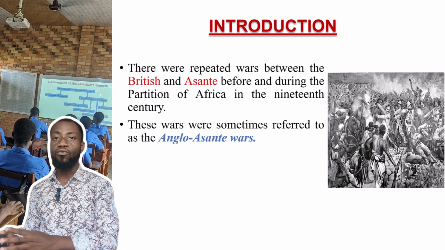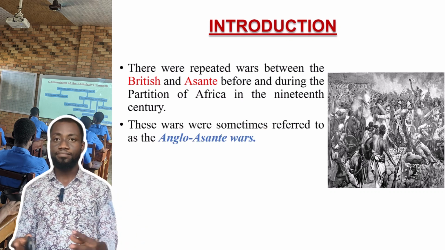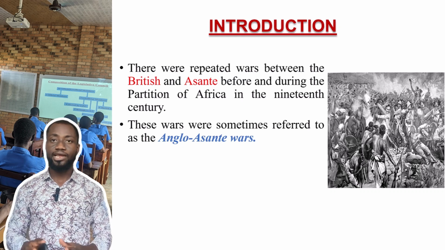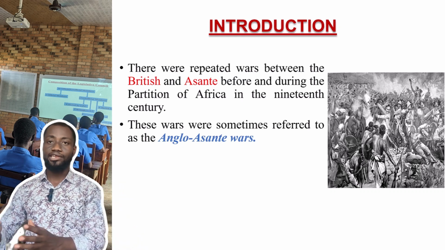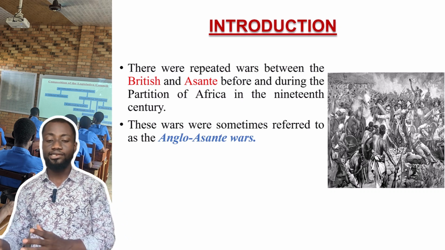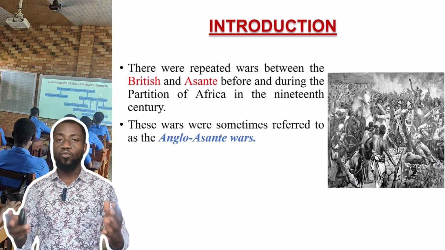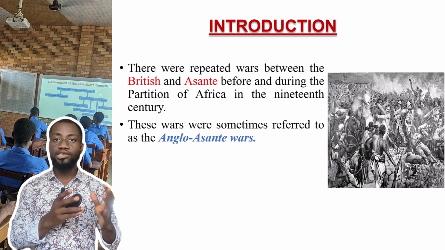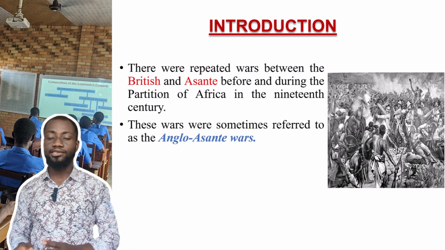Now, these several wars between the Asante and the British is what we termed as the Anglo-Asante Wars. So anytime you come across the word Anglo-Asante, we are referring to the wars that were fought between the British and the Asante.